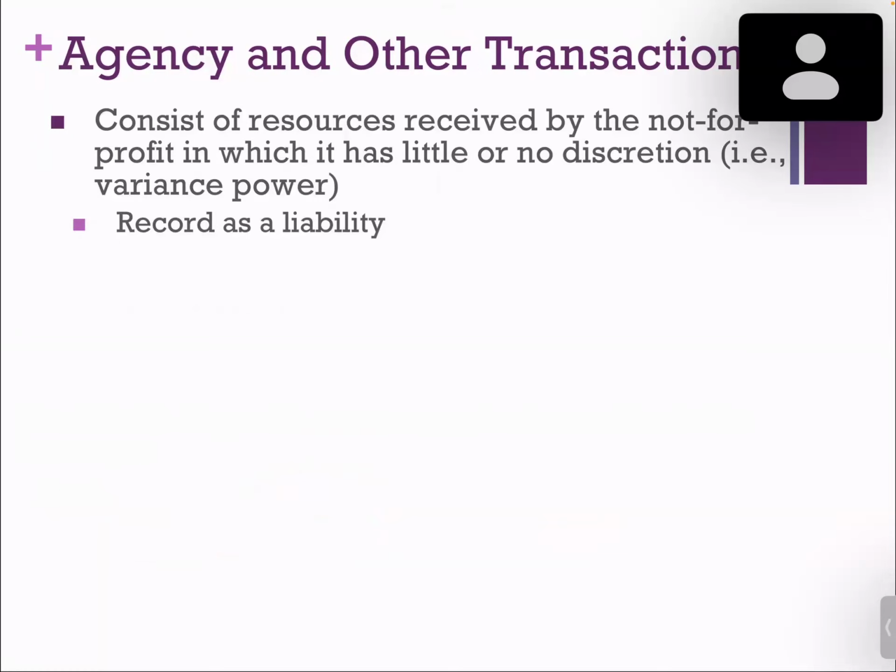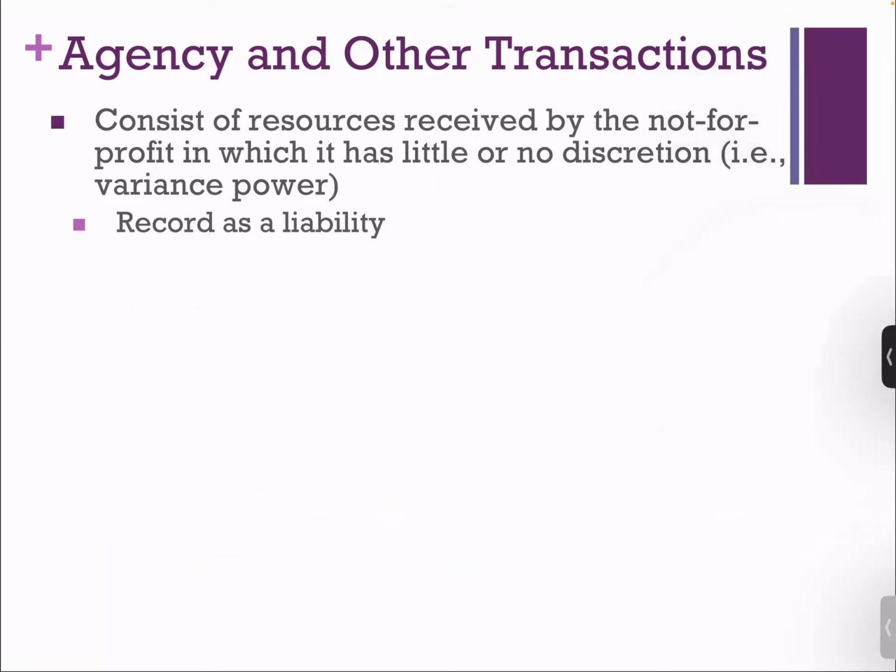Okay, agency transactions. With agency transactions, the logic behind this is a lot of times a not-for-profit will receive money that has actually been earmarked, where the donor has said, hey, this money needs to go to this other organization.